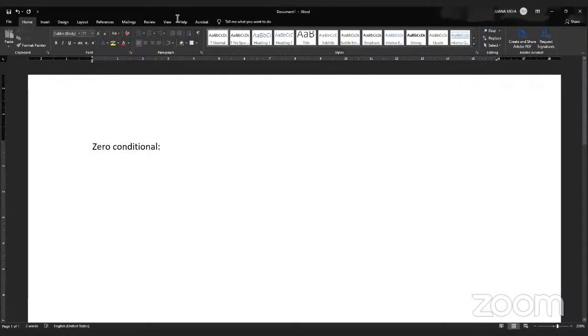Well, guys, those exercises, both columns you worked on, belong to the zero conditional. Remember, the zero conditional talks about real facts, scientific facts, or something that is always true.